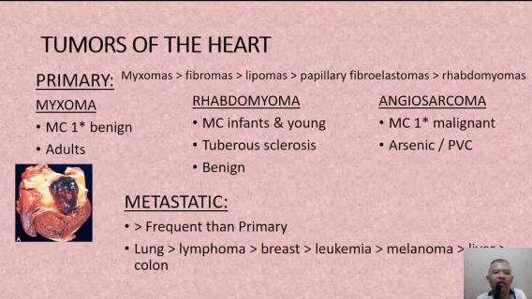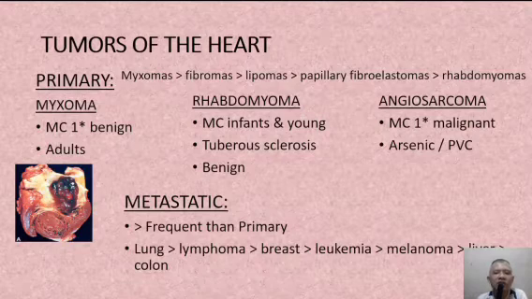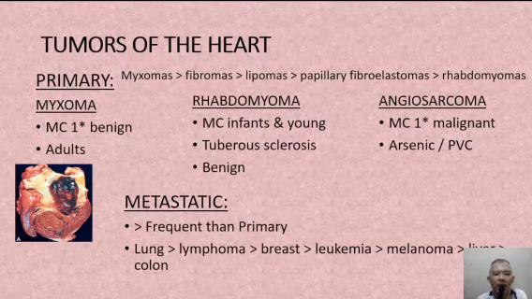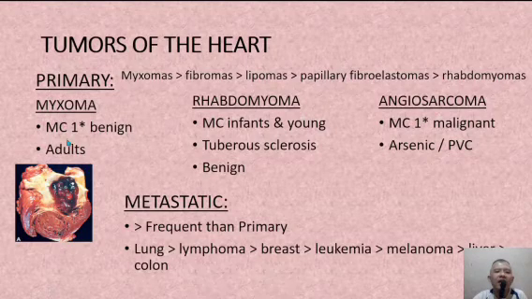Tumors of the heart. So most common tumor of the heart is metastatic. Most common coming from the lungs. However, if it's primary, the most common type is myxoma, which is a benign primary tumor. It's found in adults. Rhabdomyoma is found in infants.